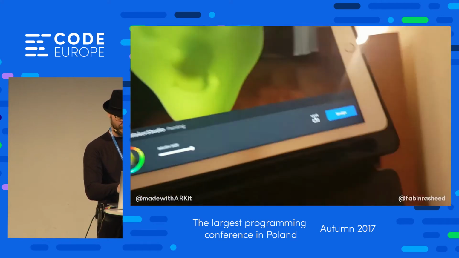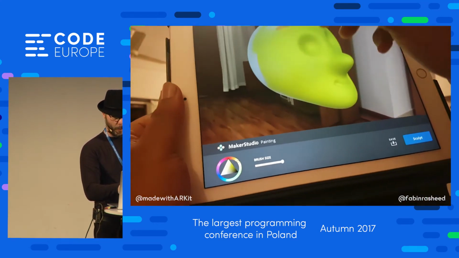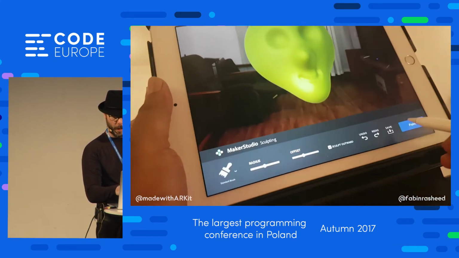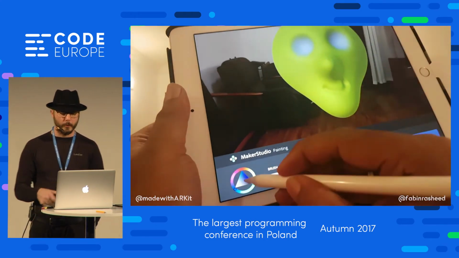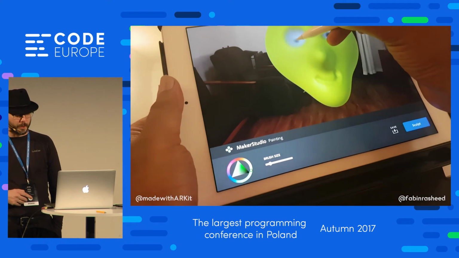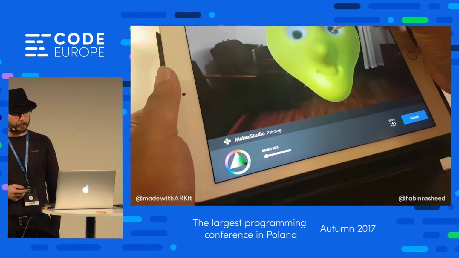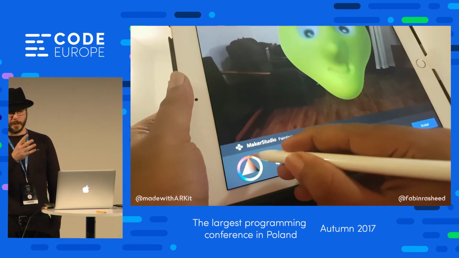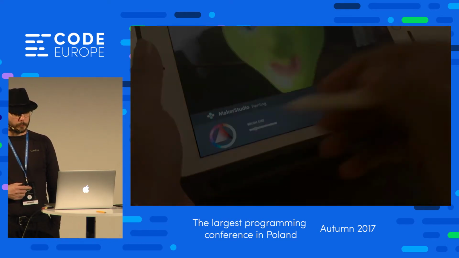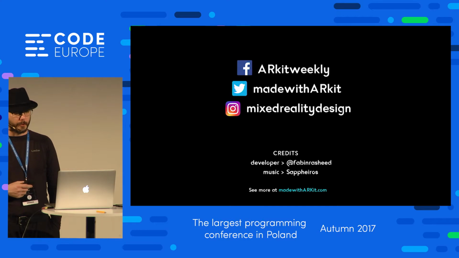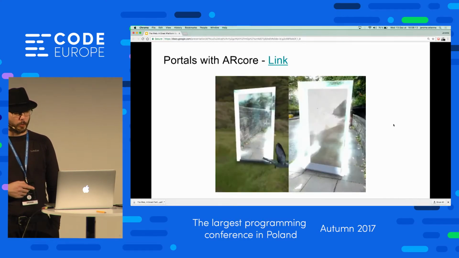Usual applications. Here's another one, more creative, where you can, let's say, mold or sculpt 3D in augmented reality. This is an iPad. You have a, let's say, mold of clay floating around, and you can build some kind of avatar. I'll let you watch.